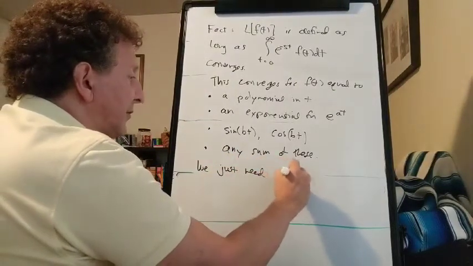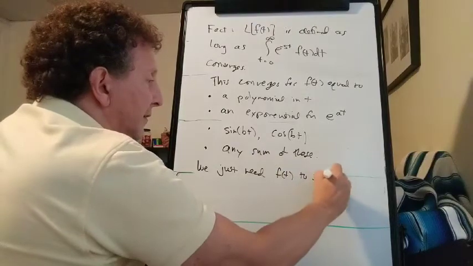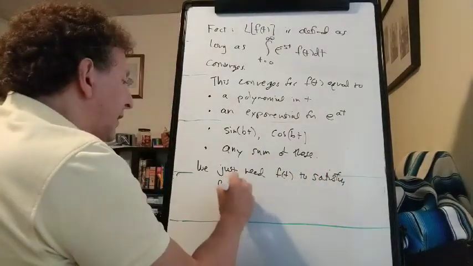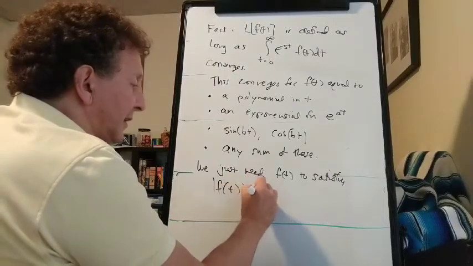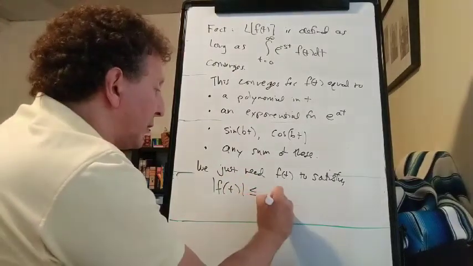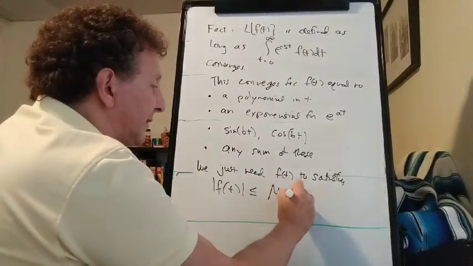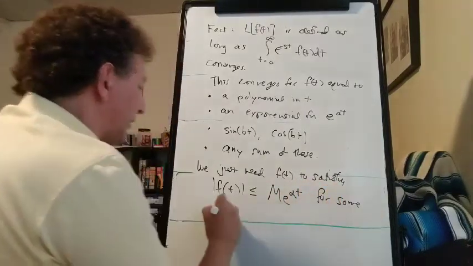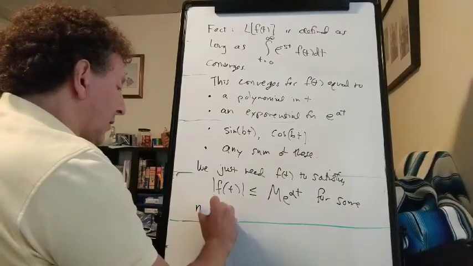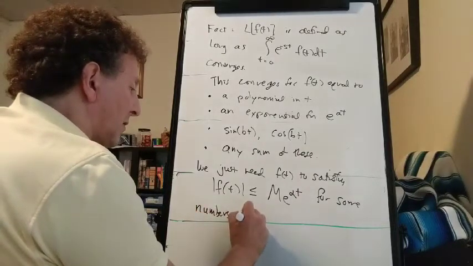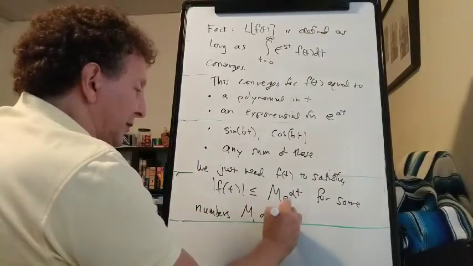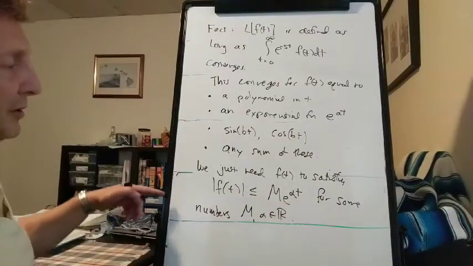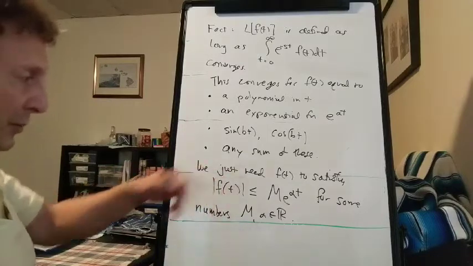So we just need f of t to satisfy absolute value of f of t is less than or equal to M e to the alpha t for some numbers M and alpha in the real numbers. So we just need to have a function that grows no faster than some exponential function.